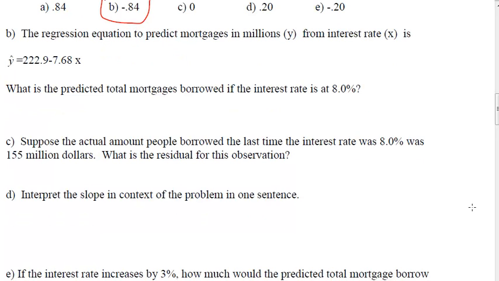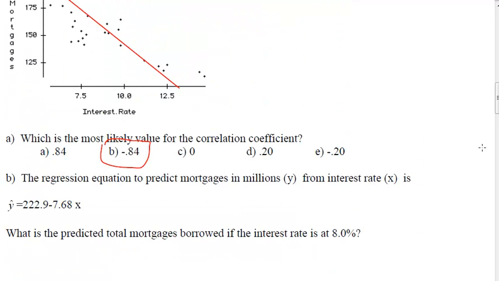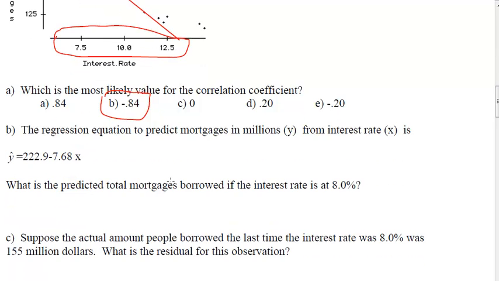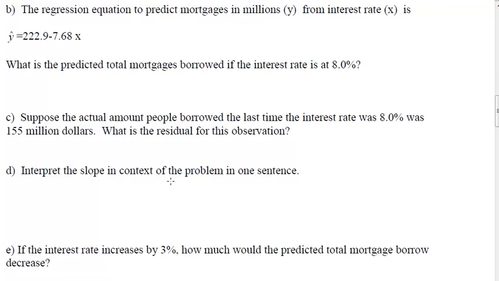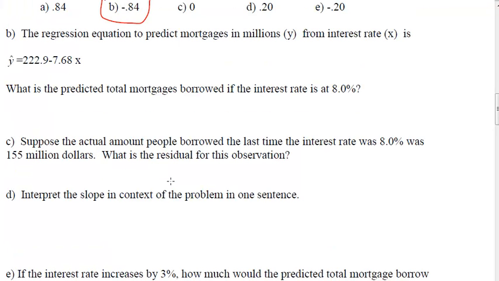And I'm not exactly sure why, but students like to make that into a 0.08. But you could see, if you look at the x-axis, that these are all in percentages. And so we don't transform the variable unless you're specifically told to do that. So all I need to do is substitute 8 into the equation, and I solve for y hat.